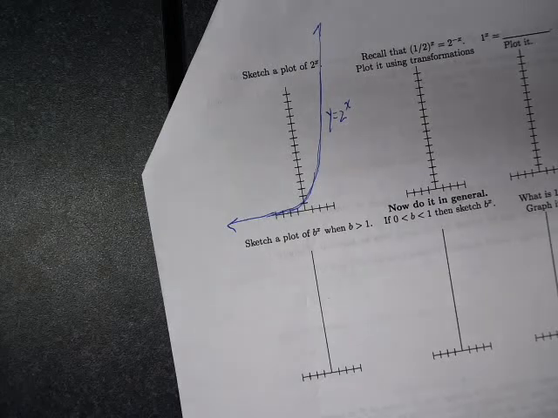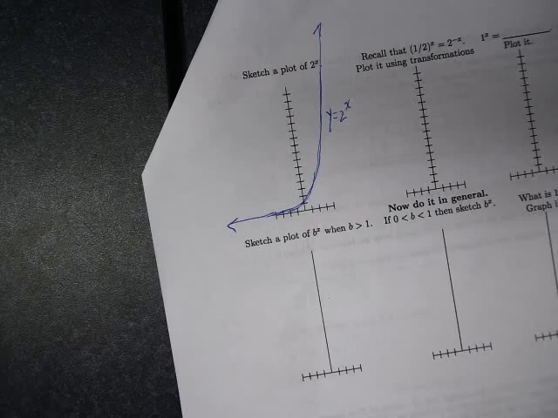Let's try to sketch the graph of 1/2 to the x using that information. 1/2 to the x is the same thing as 2 to the negative x. That's exactly what 2 to a negative power means. But how does the graph change when you stick a negative sign in front of the x? Flips over the y-axis. All of the x values become negative what they used to be.